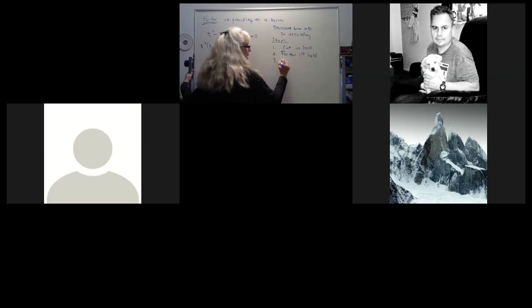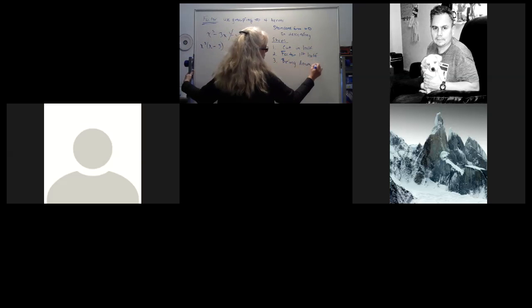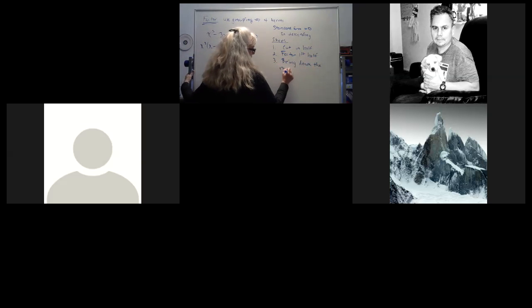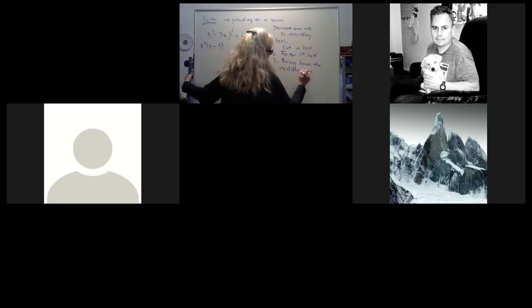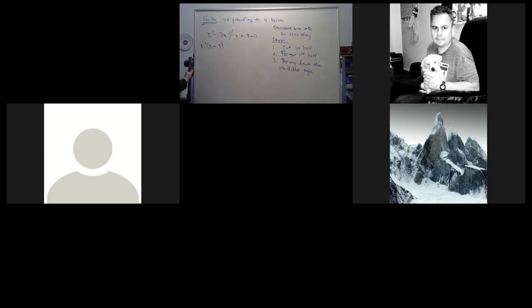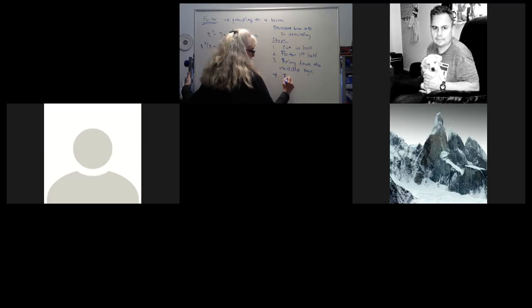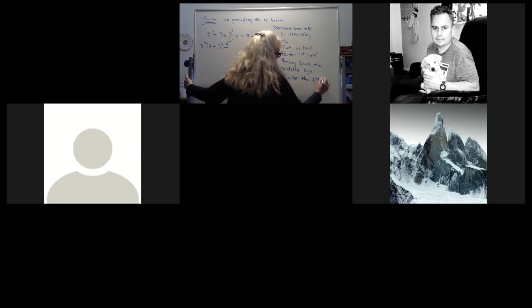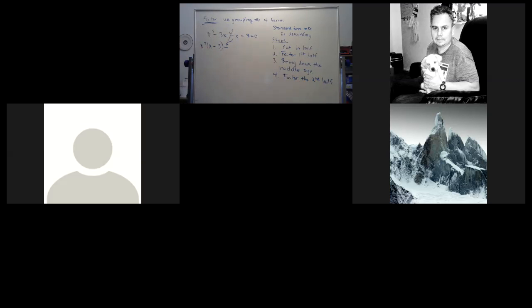I want you to bring down the middle sign. Okay. So for us, the middle sign is a negative. So I'm going to bring whatever that sign is straight down. Then we're going to factor the second half.